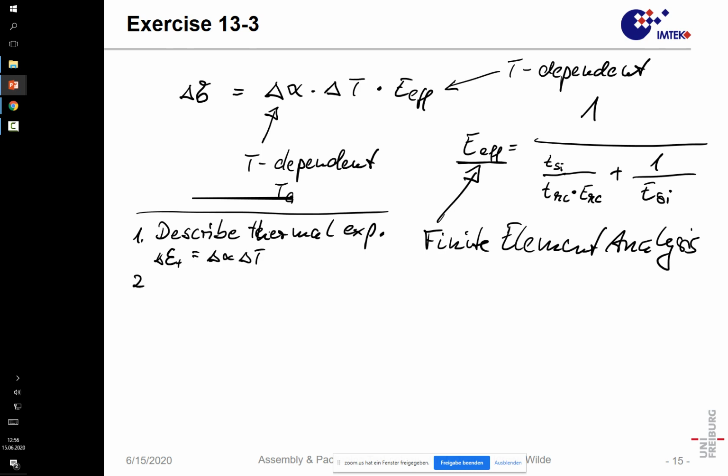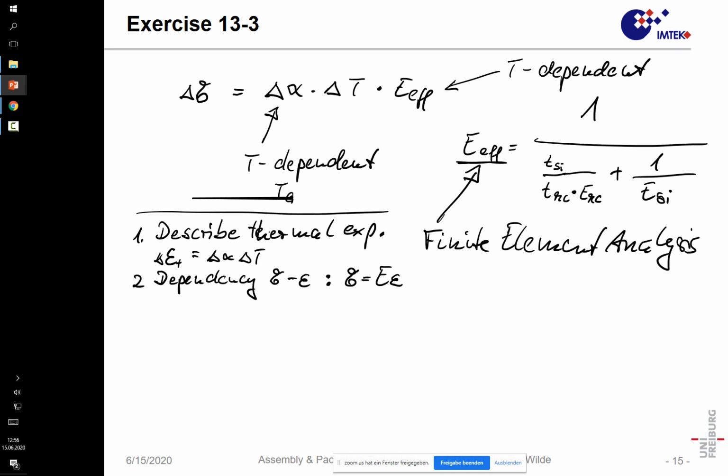The second is, what is the dependency between stress and strain? And in our case, it is sigma is E epsilon, and that's the most simple description we have.